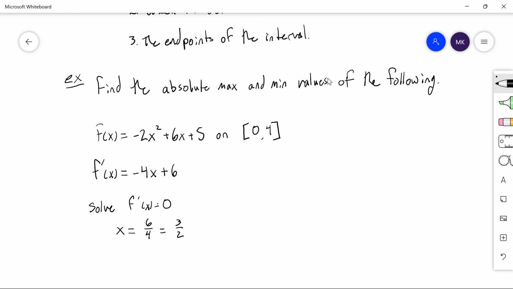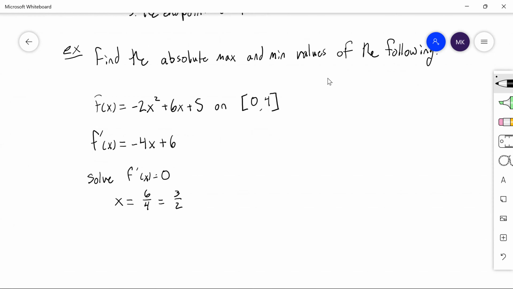Any questions on how I got that? So we have 3 possible extreme values.